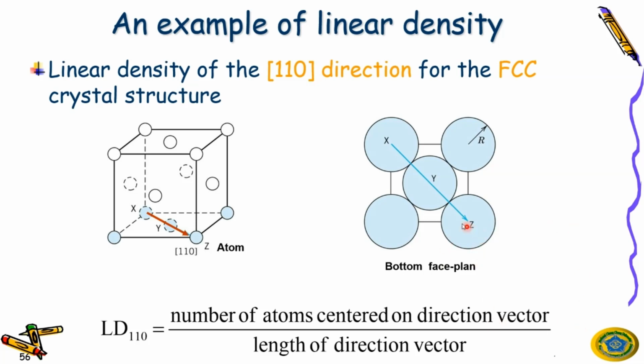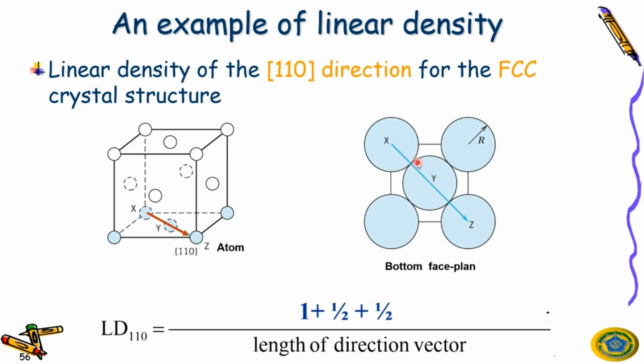So you only have half of this, 1 of this, half of this. So that will be 1 plus half and then half. The answer is 2. No problem, right? Because you understand the reason we use only half of this atom is this part is shared with another unit cell or repeat unit, right? Okay, so this is 2.